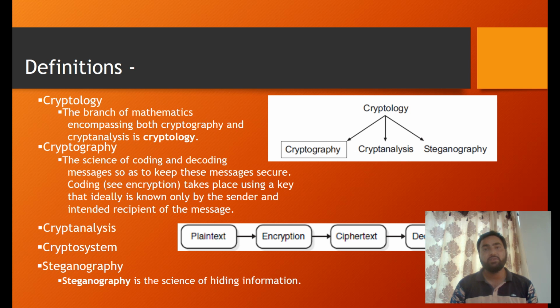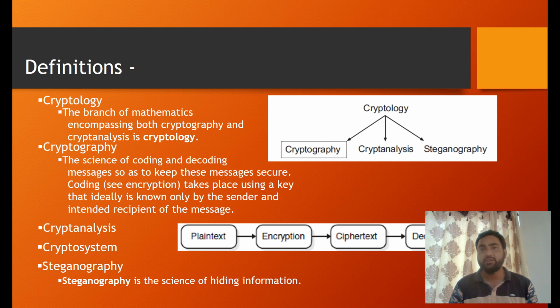The encryption that we are discussing comes under cryptography. So cryptography is the science of coding and decoding messages so as to keep these messages secure. That means in cryptography we change the message into a format that is not understandable by unauthorized users, known as attackers or hackers.